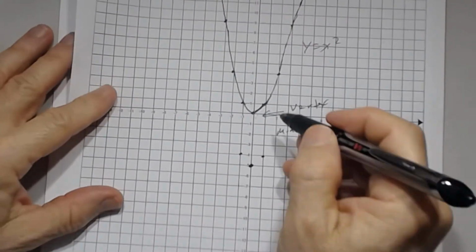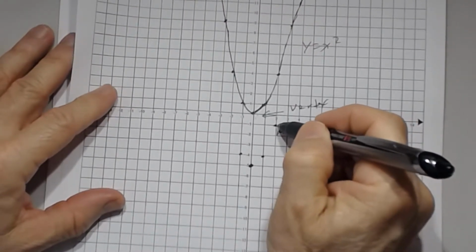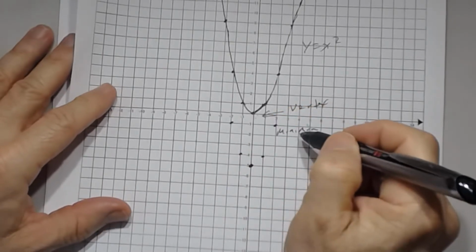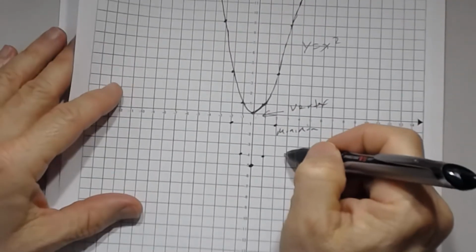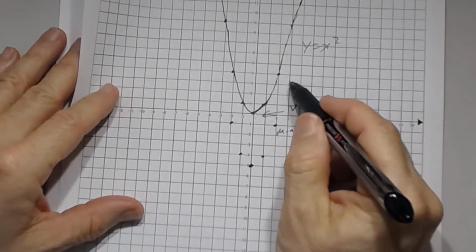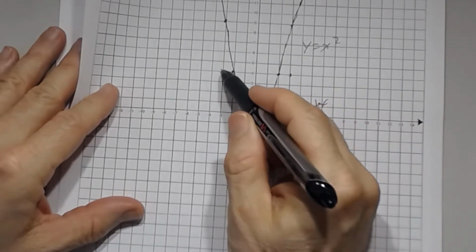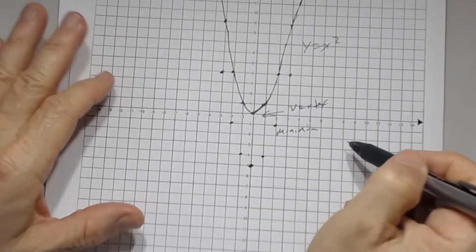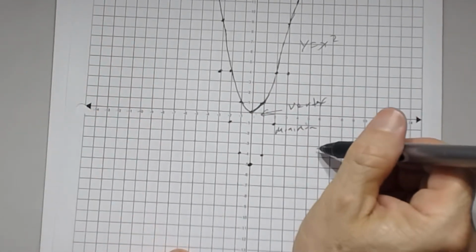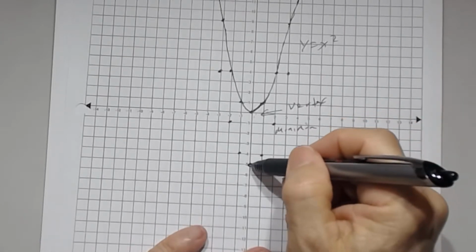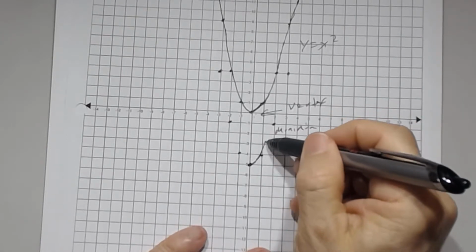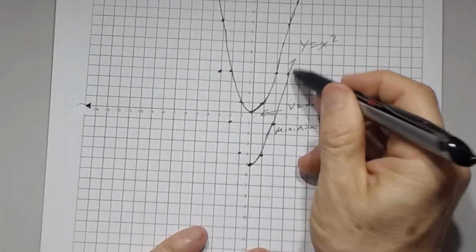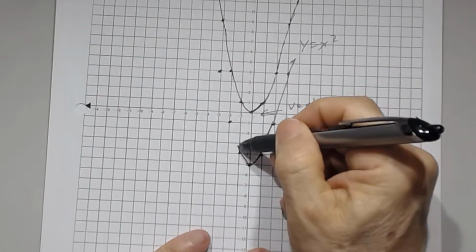And then (2, -1). (-2, -1). And then (3, 4). And then (-3, 4). And then remember the shape is called a parabola, so you draw your parabola. Do the best you can with drawing this parabola. Make it look like a parabola though. And make it look symmetrical.